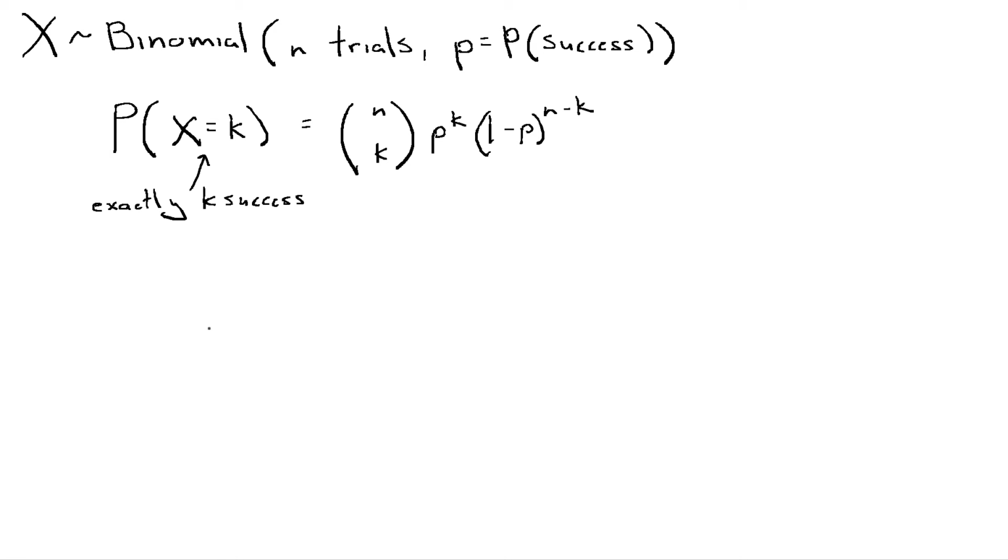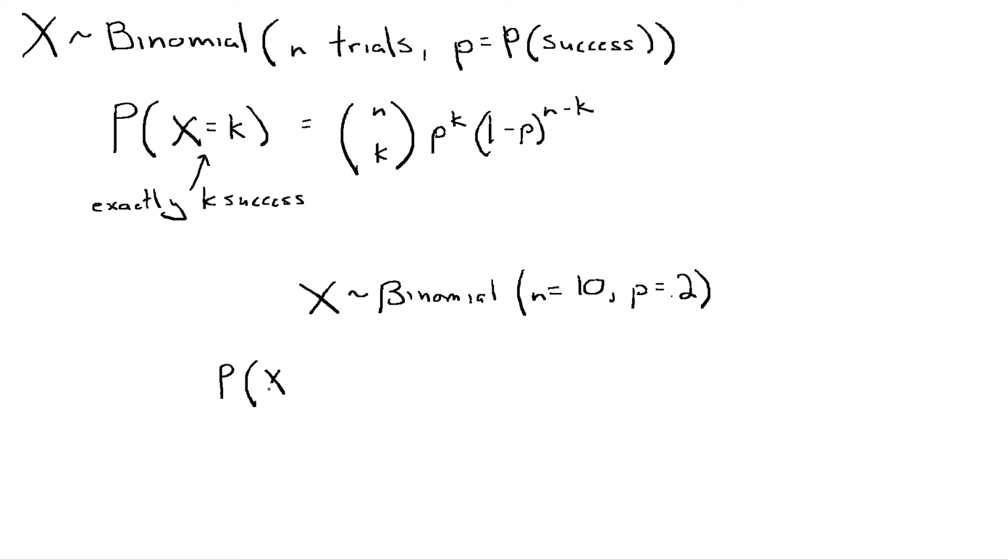So for example, maybe you have x as a random variable that's binomial, where you have, say, 10 trials, so n is 10, and the probability of a success on a single trial is equal to 0.2. And someone comes along and asks you, what's the probability that you have exactly 6 successes?